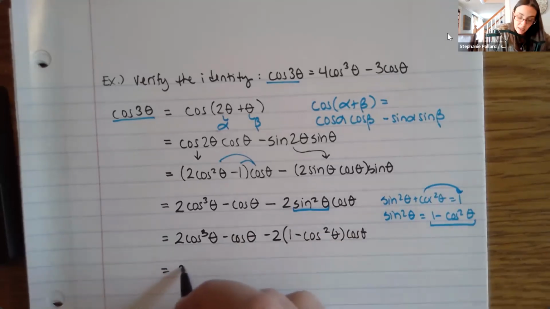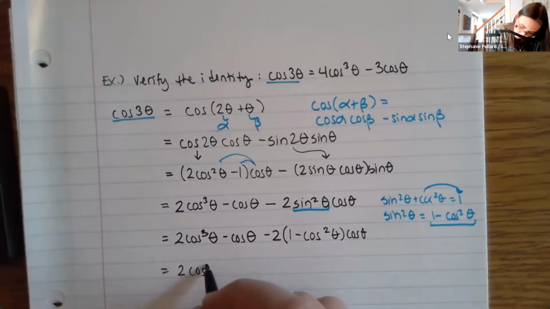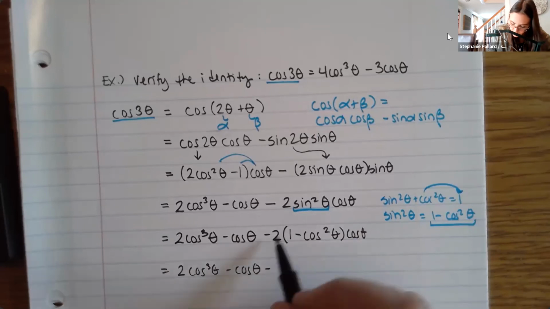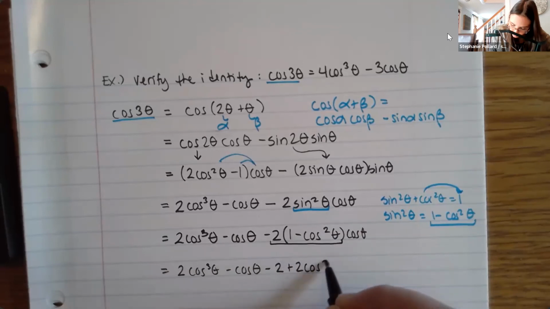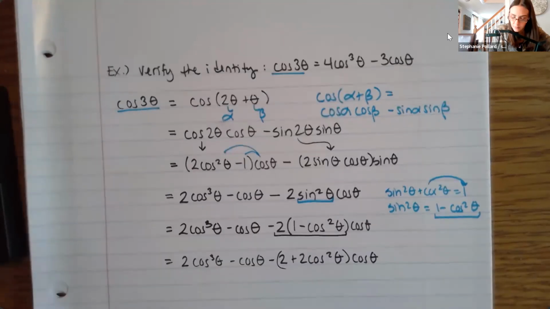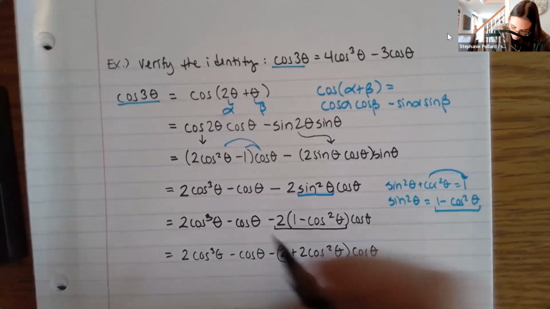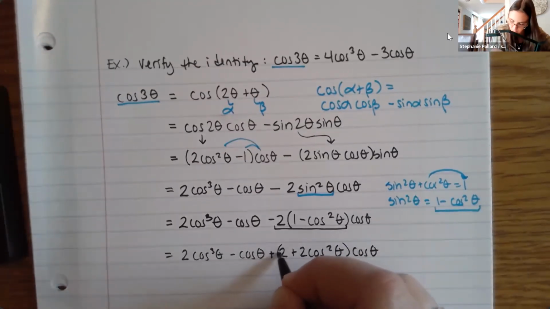And again, I just want to clean this up a little bit. I'm just going to distribute this part first. So minus 2 plus 2 cosine squared theta. And that's still times cosine theta. Actually, let me fix this. This minus should be with that 2 there.